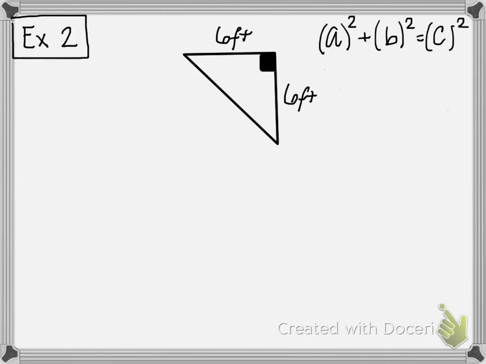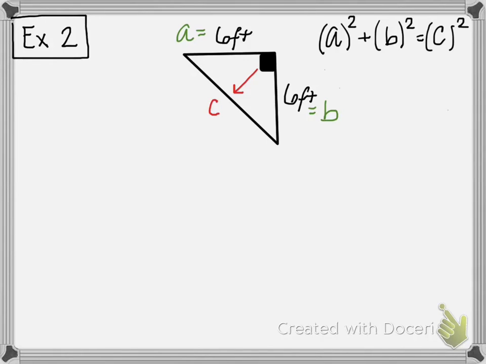So I like to start by labeling my sides. It doesn't matter which one is A or which one is B, so just label them accordingly. In this case, they're both the same number anyway. But C is always the side across from your square or your 90-degree angle. So we have A, B, and C.